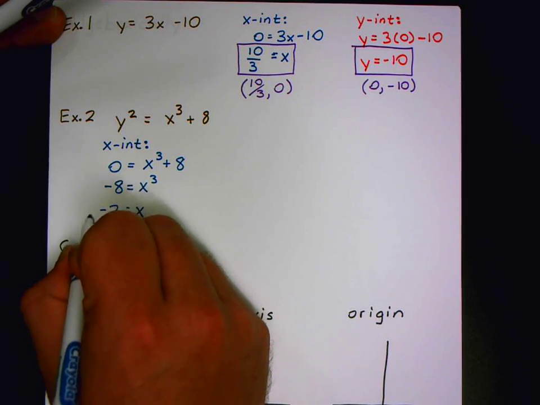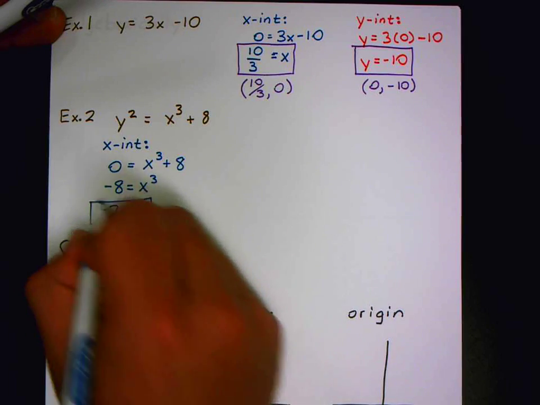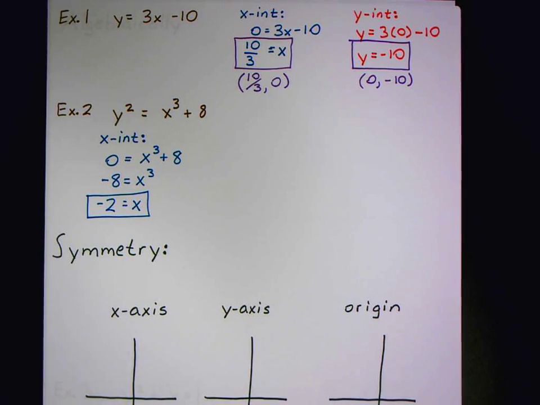So x is -2. Cubes are fine. You can do odds. It's evens that you can't do.